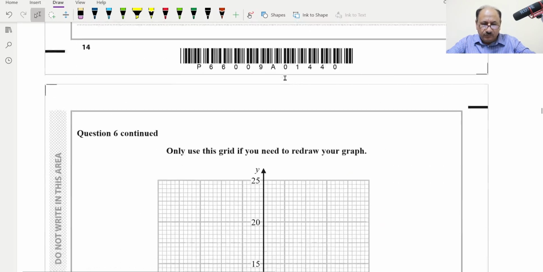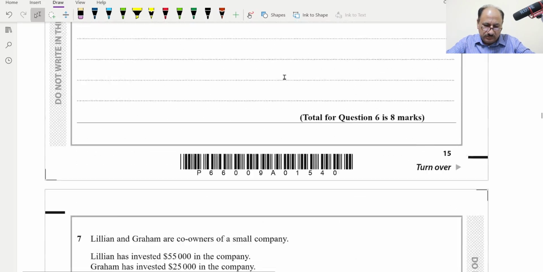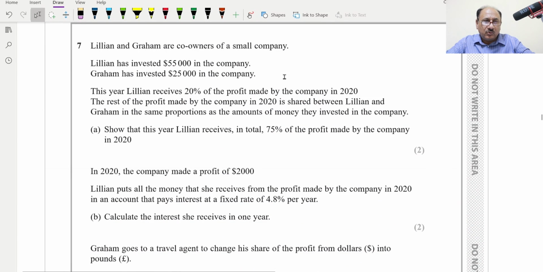Now we can move to the next question, which is over here, question number 7. Question number 7 says these are two people, Lillian and Graham, co-owners of a small company.